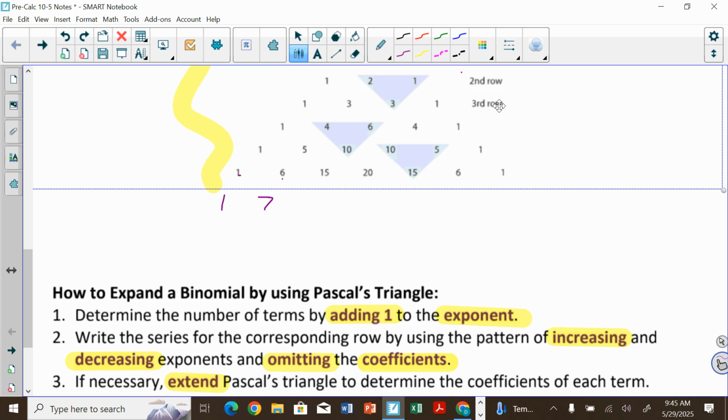Then we'd have 21 because it's 6 plus 15, 35, 35 again, 21, 7, and 1. So you can see the pattern, and that is for that next row.